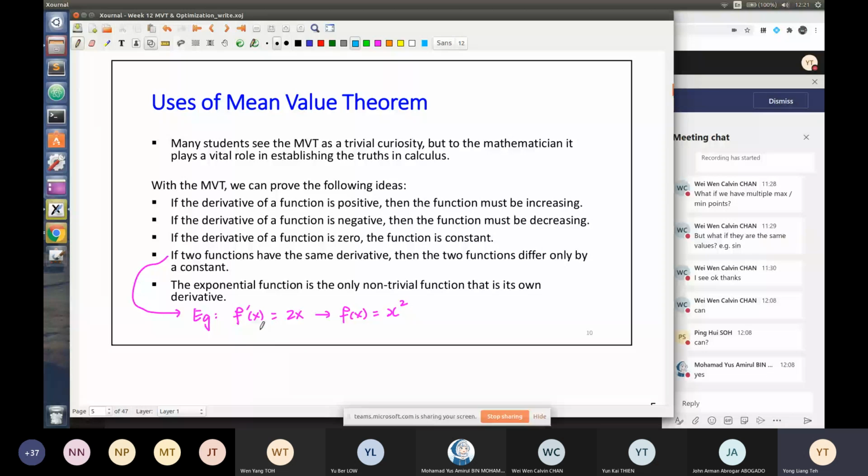Not really. If I have another function g with g prime of x also giving 2x, my g of x could be x squared plus c, a constant. When I differentiate x squared plus c, you still get 2x. So you can see that the two functions differ by a constant.